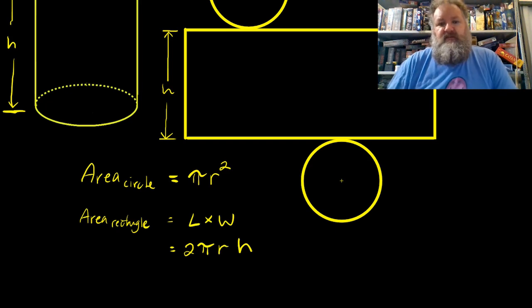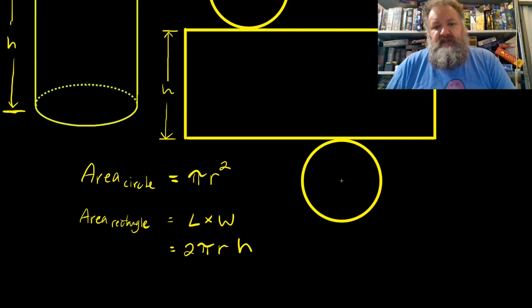Now in this, we know that the width is the height, right? So back on our net, the height of the cylinder is the height of our rectangle. That's normally the width, and then the length, the longer part, although it doesn't have to be longer, it depends on the cylinder. That distance really is equal to the circumference of the circles, right?